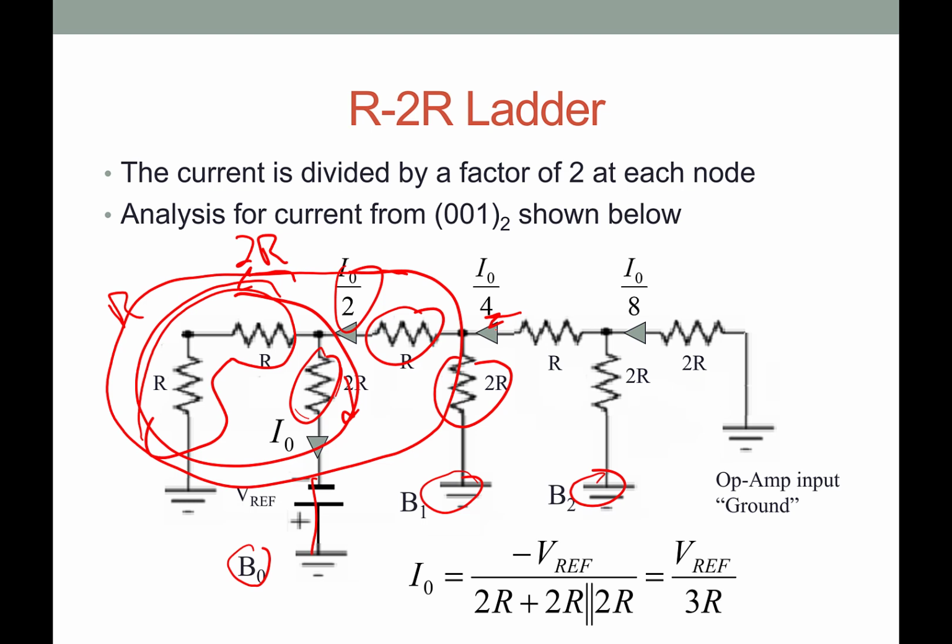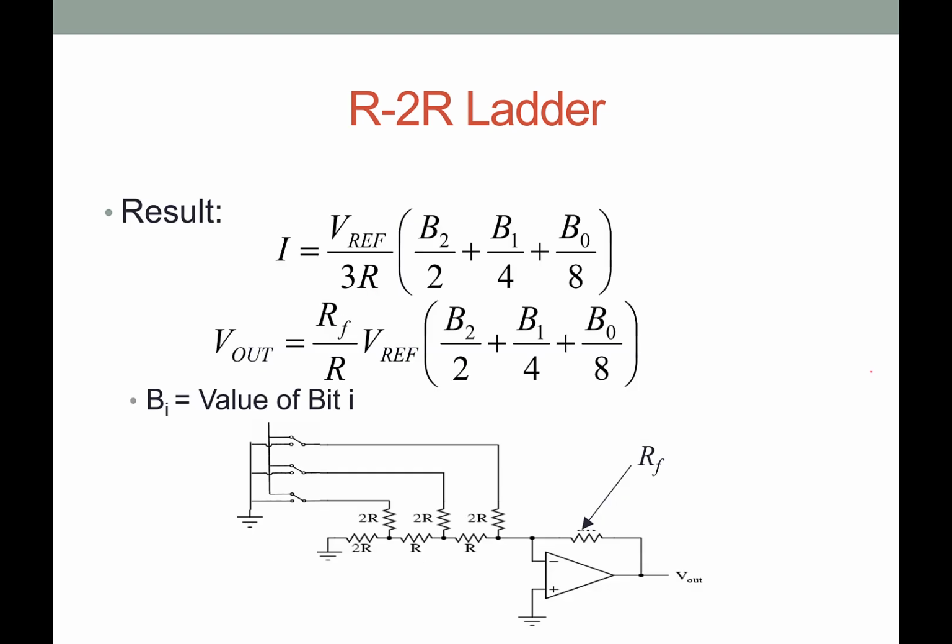So this is the idea of what's going on, and notice here it does say the op-amp input is ground because V plus was equal to 0, so this is basically V plus equals V minus equals 0. I think maybe you can understand what's going on now, but it's harder to see at first because you probably don't have quite enough experience with current dividers.